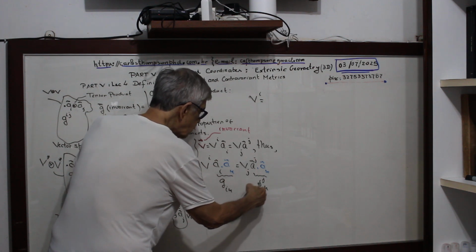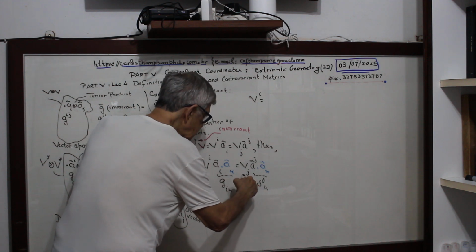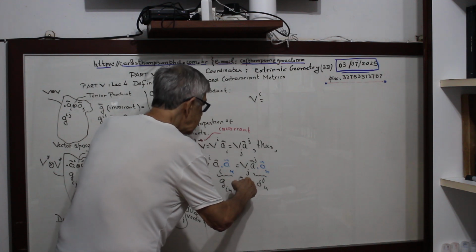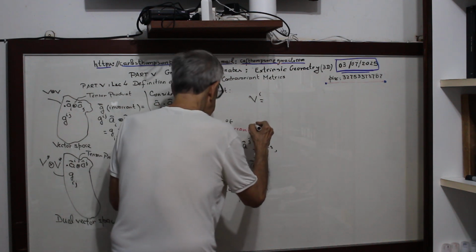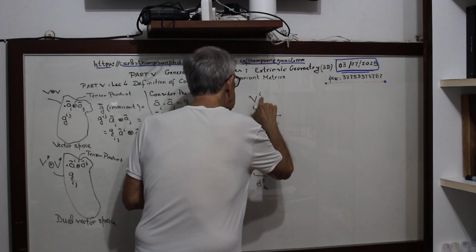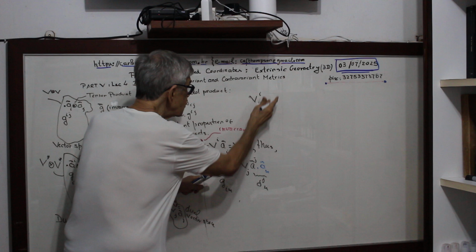You see, delta^k_j, the drops, in this case, j, and put k. Here, then I have v^i G_ik, I'll write this, it is better. Just copy from here to there.